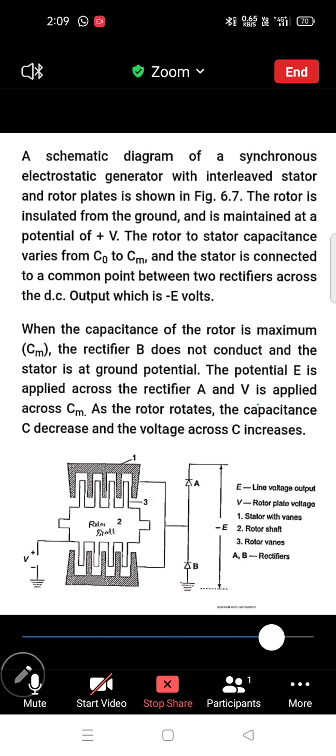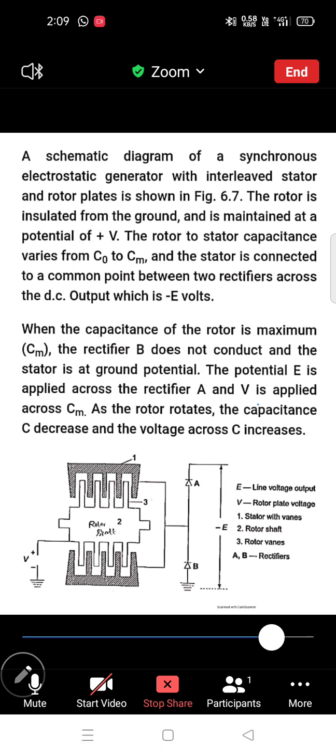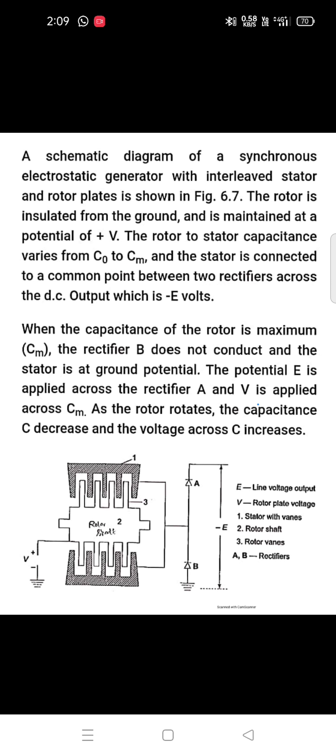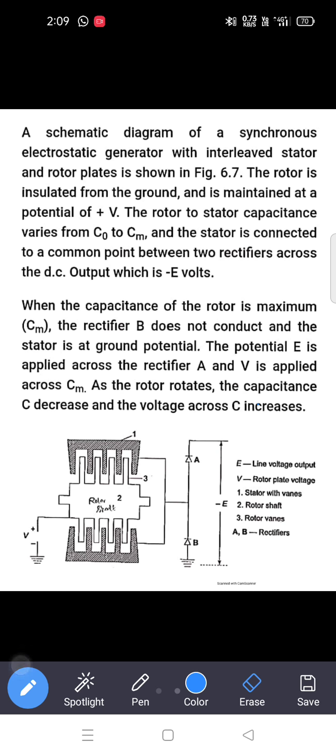So the synchronous electrostatic generator with interleaved stator and rotor blades is shown here. The rotor is insulated from ground and at plus V. Now when the capacitance of the rotor is maximum, Cm, the rectifier B does not conduct and the stator is at ground potential.